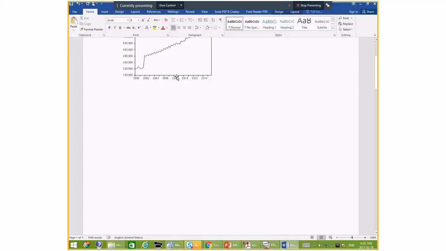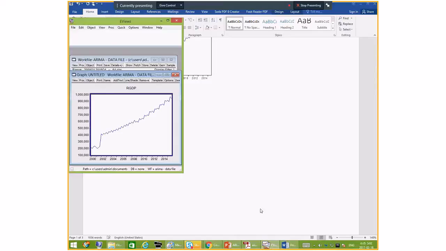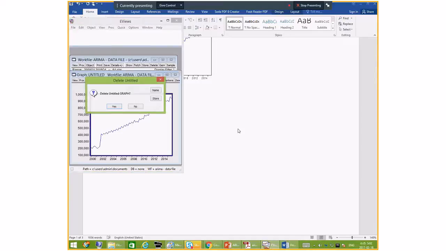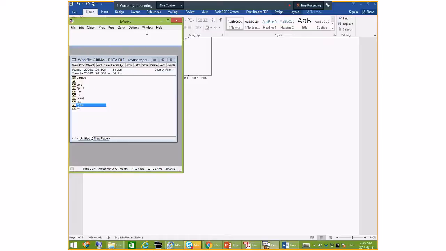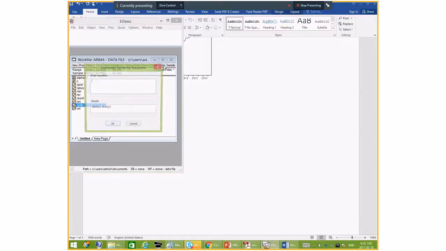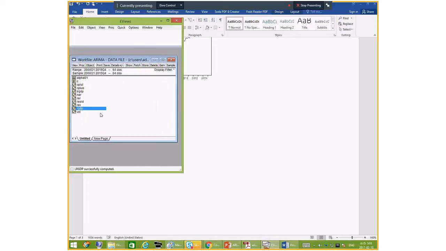Right, now there is a trend in the series. Now generate the series, converting the data series: LRGDP equals log of RGDP. Right, there is a variable here, LRGDP.